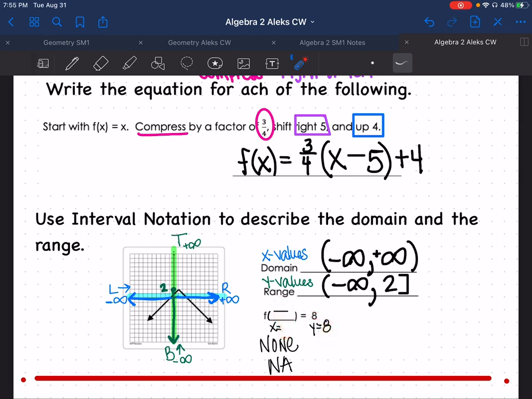I would go to 8, 1, 2, 3, 4, 5, 6, 7, 8. Here it is. And I would come down. Here's my graph. I'd read it over and it would be negative, what, 1, 2, 3, 4, 5, 6 maybe? Okay, but they were switched. There's no graph. If it's y, I have to read to the left or the right to find my graph, and it's just not there.